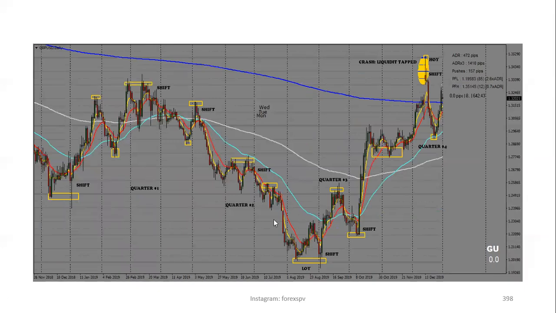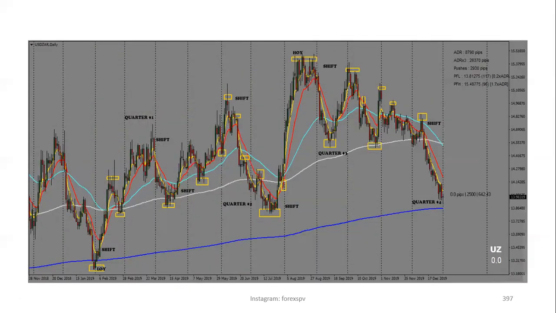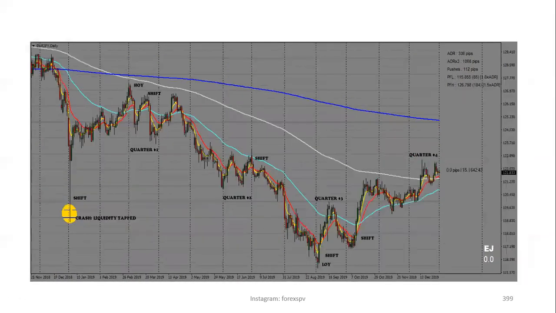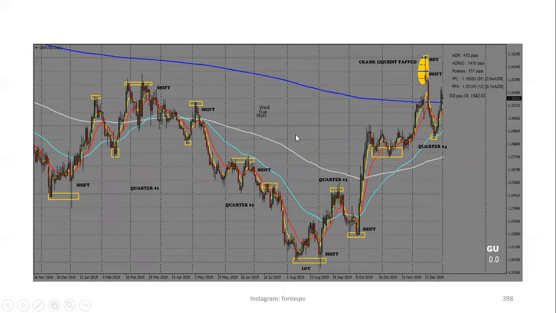So this is GBP USD. So the difference on our USD ZAR and GBP USD and other pairs is that we had this market crash. Like here we had this gap was around 250 pips, and this pin was around 500 pips.